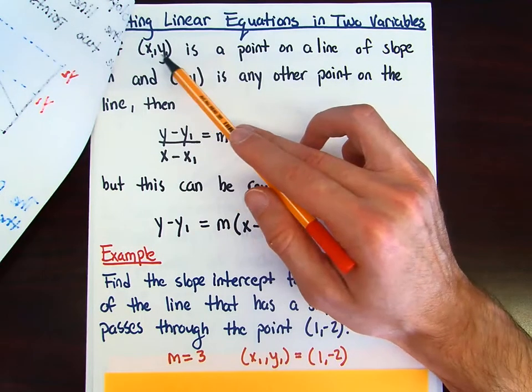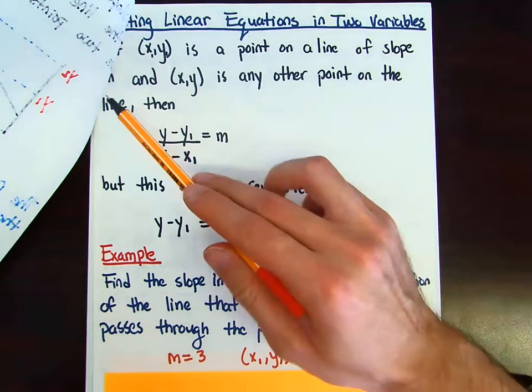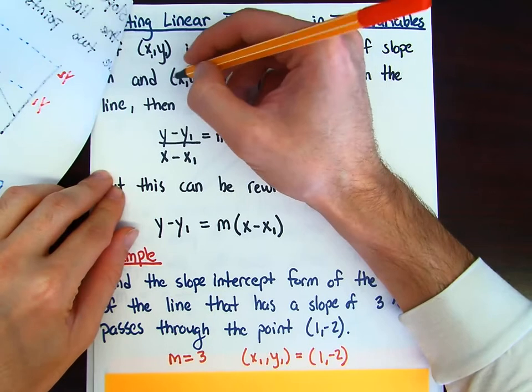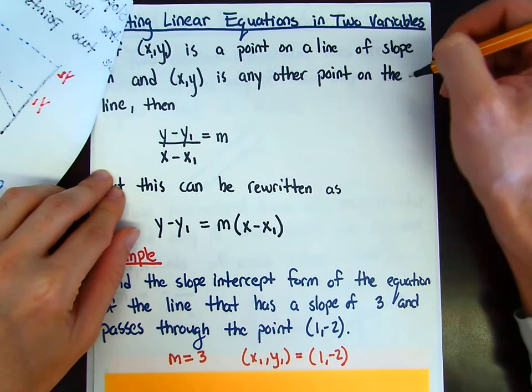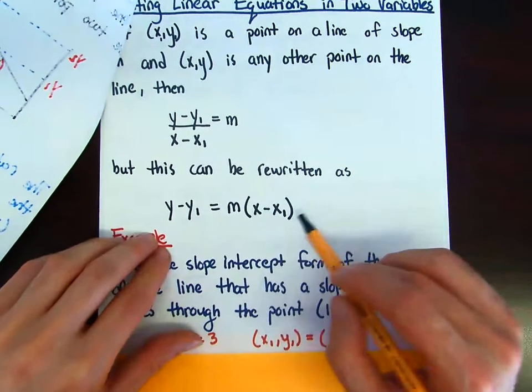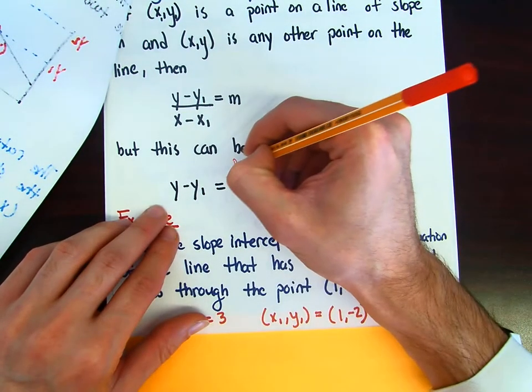If x sub 1, y sub 1 is a point on a line, and we have a slope of m, and x comma y is any other point on the line, then this is our formula for slope, and here is the point slope formula.